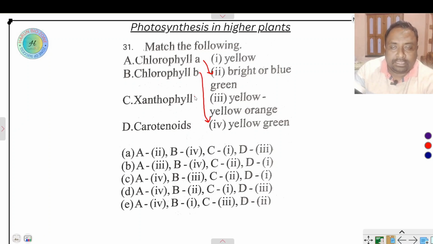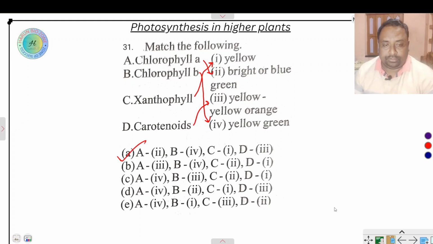Xanthophyll is yellow in color, and carotenoid is yellow orange in color. So A is the correct option.